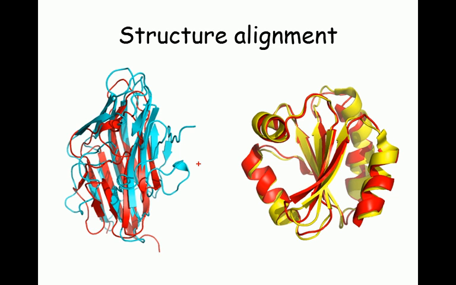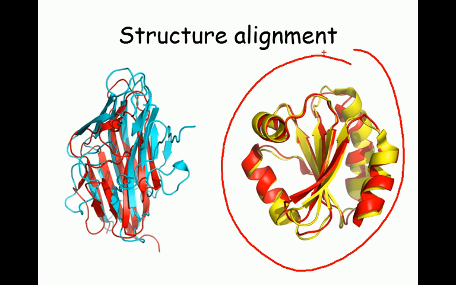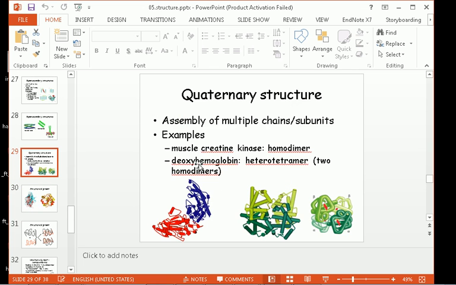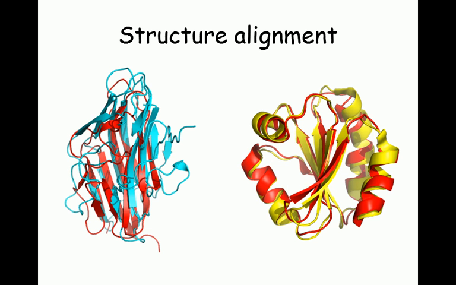So if the two proteins' globular shapes are highly similar, the problem is easier because you can figure out the corresponding residues easily. I believe this is a hemoglobin protein. Let me just check this again. It looks like one. And the structural alignment just geometrically takes two proteins and puts them on top of each other.